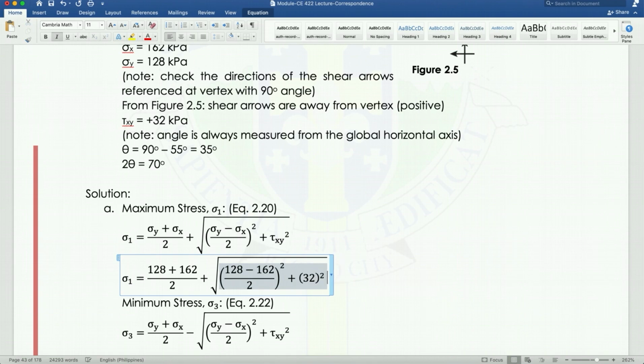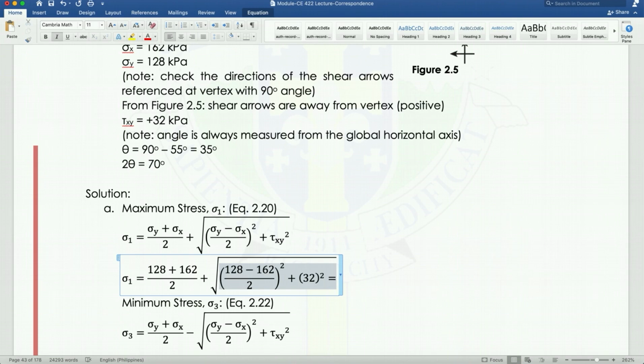Okay, so we can now proceed with calculating. Follow along with me, bring out your calculator: 128 plus 162 divided by 2 plus the square root of 128 minus 162 divided by 2 raised to the second power plus 32 squared.